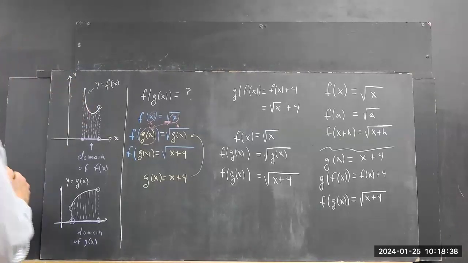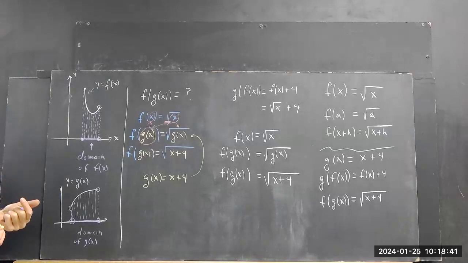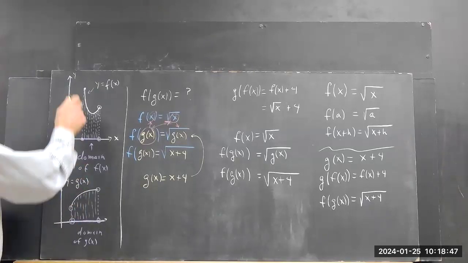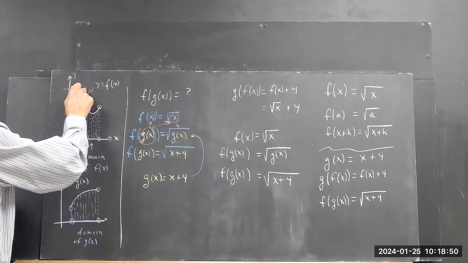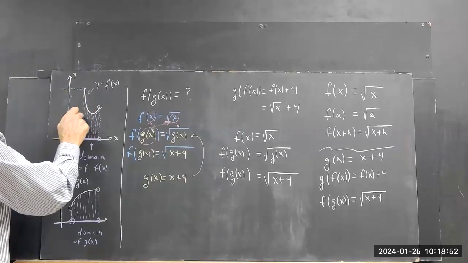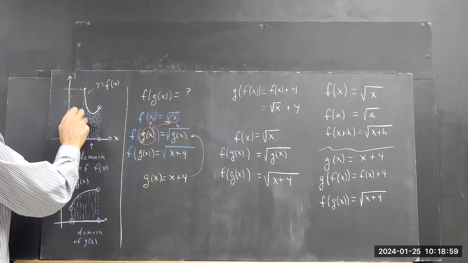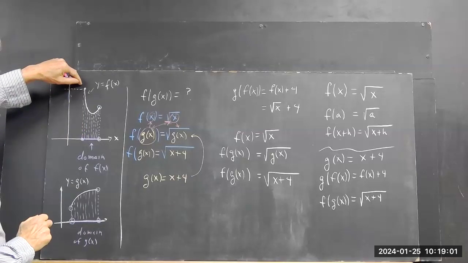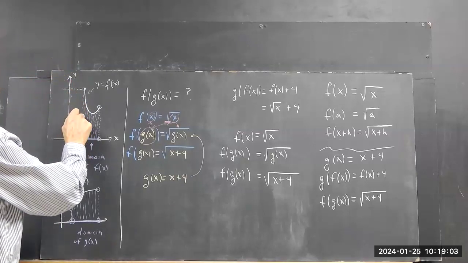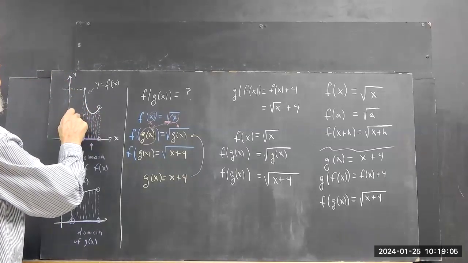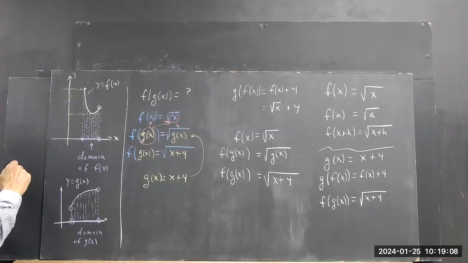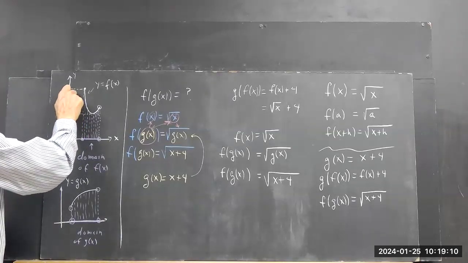Now I'm going to do the range. I didn't talk about this last time. Range is just the y values. All I do is draw lines straight over. I'm going to start with the highest point, go down to the lowest, and I'll do all the points in between.